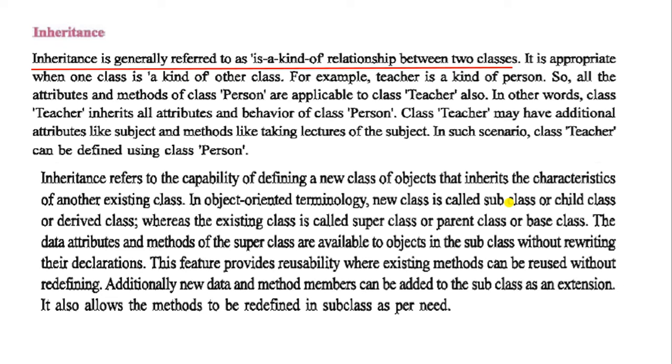It allows the method to be redefined in the subclass as per need. So whatever attributes are mentioned in the person class, we can inherit in the teacher class. No need to define them separately. We get reusability of the existing methods and existing attributes.